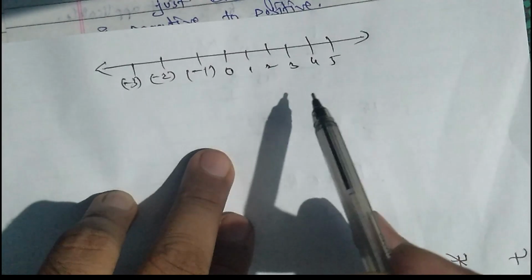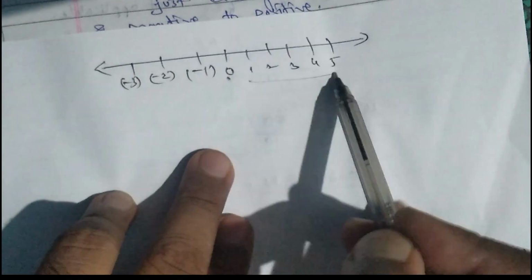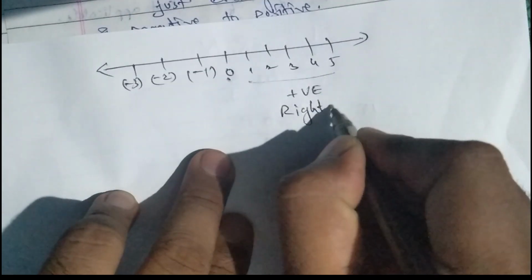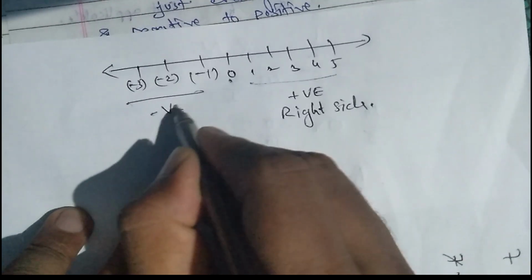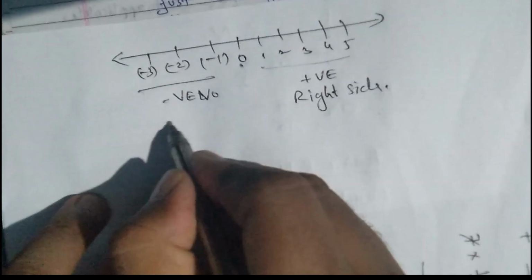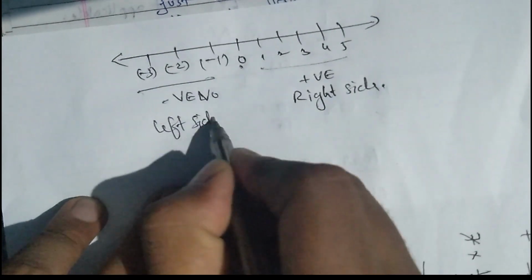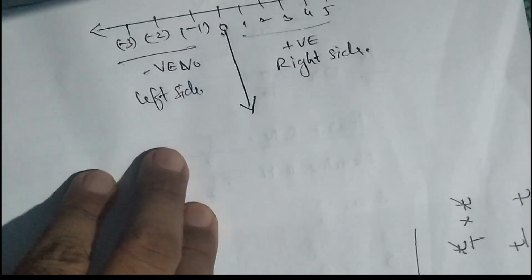My dear friends, this is the number line that you have studied in your previous class. This is 0, and these are the positive numbers which are on the right side of your number line, and these are the negative numbers which are on the left side of the number line, and this is the 0 which is in the center of the number line.